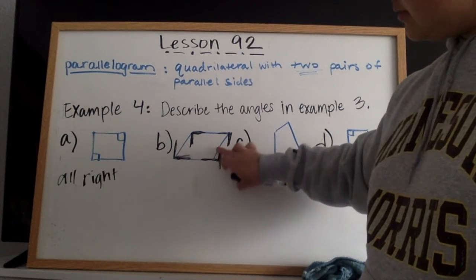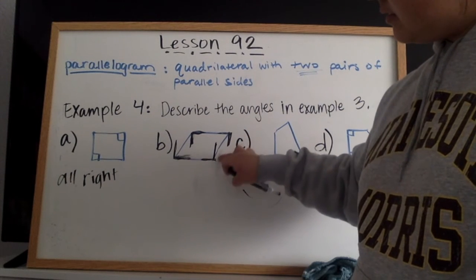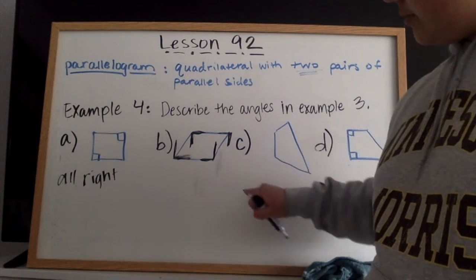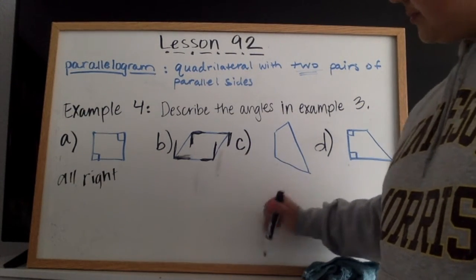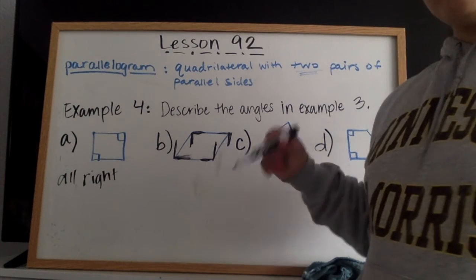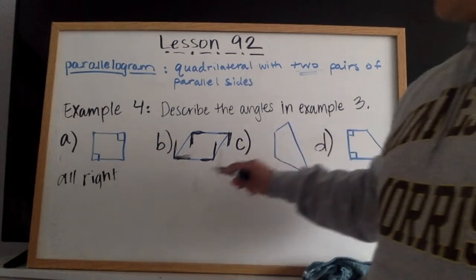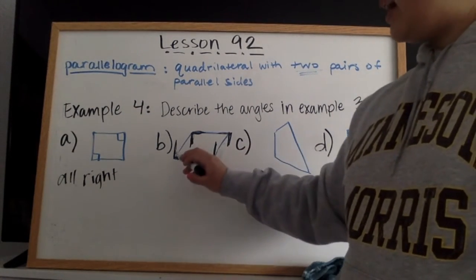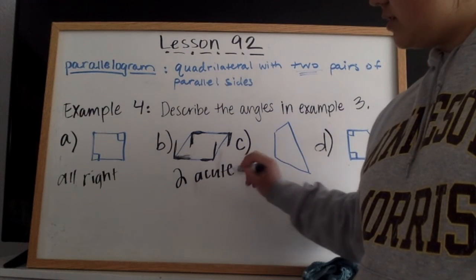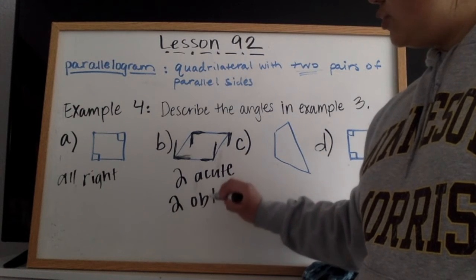I had to make sure the corners match up. So that would be a perfect looking L. Now this angle's on the outside of it, so that's bigger than a right angle, so that's an obtuse. So I go around and check. I have two acute, and then I have two obtuse.